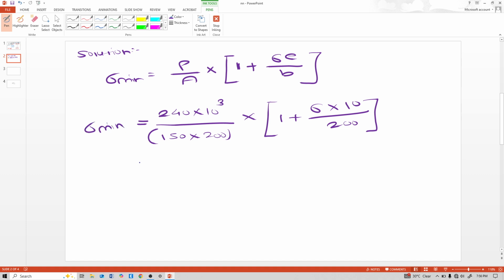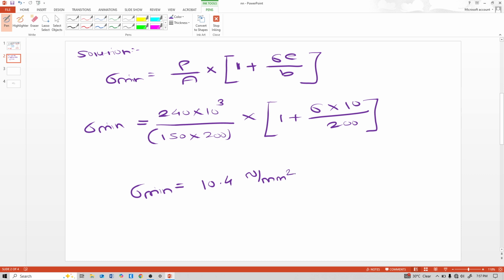This is minimum stress, so we will calculate it using the engineering calculator: 240 into 10 raised to 3 divided by 150 into 200, into 1 plus 6 into 10 divided by 200. So it is 10.4 and the unit is Newton per mm square.